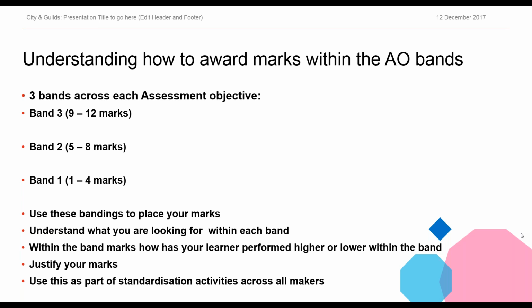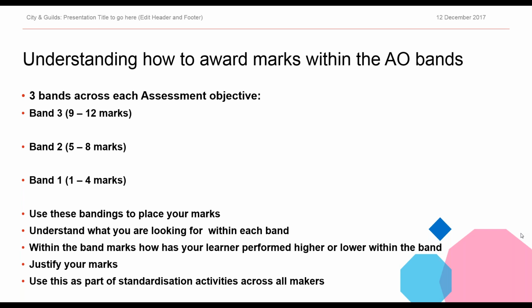You need to think about where each learner sits. Do they sit in the top band, the middle band, or the bottom band? And then you have to make a judgment call, where do they sit within that band? Do they sit at the top of band 3, middle of band 3, or bottom of band 3? Or top of band 2, middle of band 2, bottom of band 2? Or the same with band 1: top of band 1, middle of band 1, bottom of band 1.